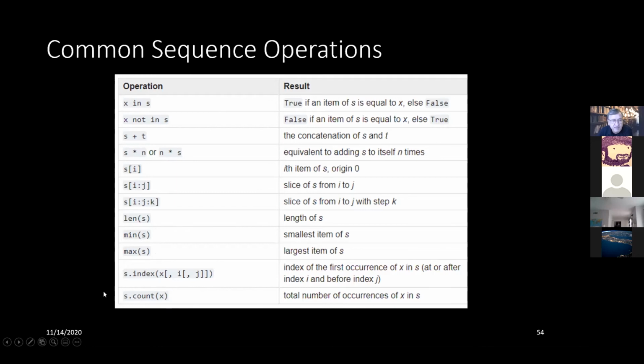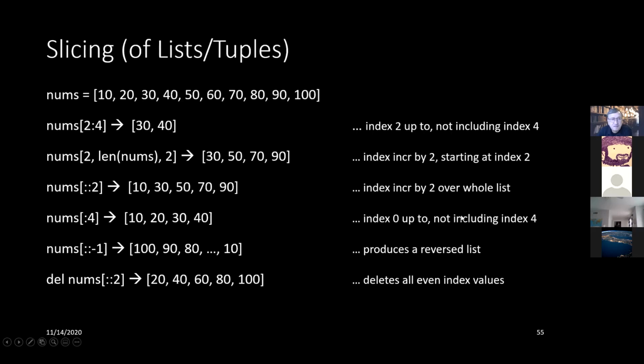And I can get how many are in that sequence. So in Java, the way you get the length of an array is by calling the variable's dot length with no parentheses. And the way you get the length of a string is dot length with parentheses, because that's actually a method. So this is very consistent in how you do things.